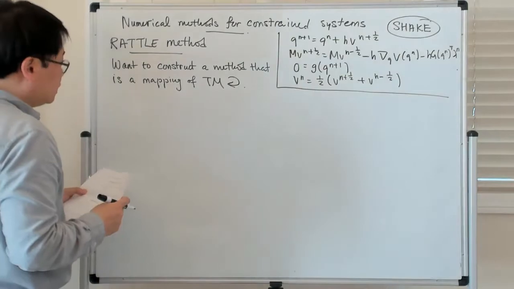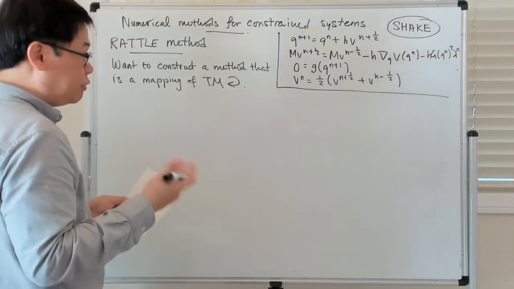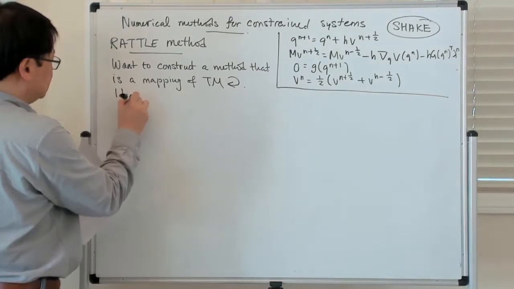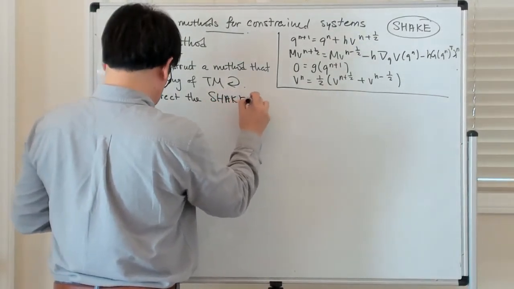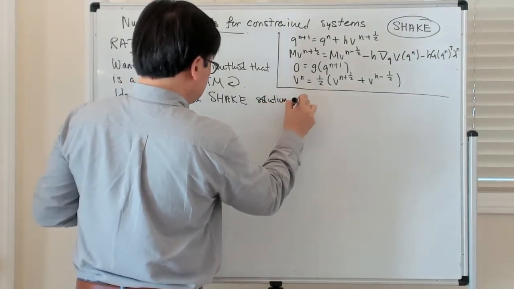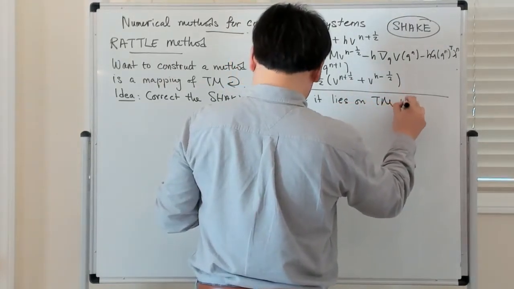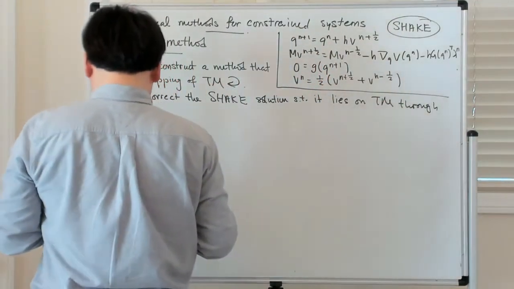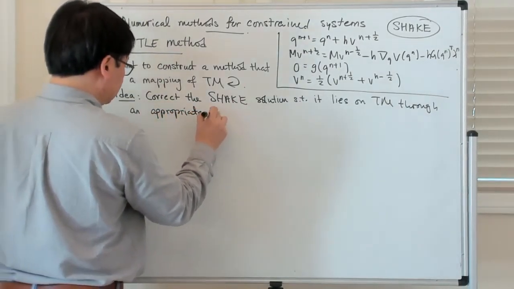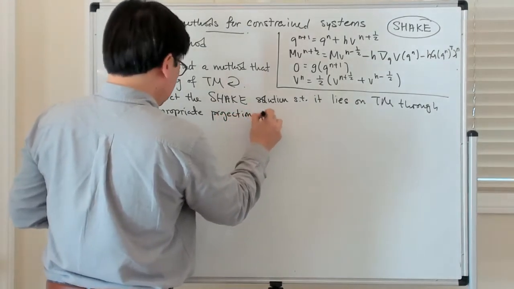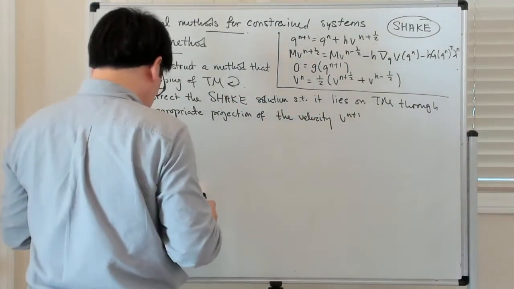Okay, and so again, the idea is that you correct the SHAKE solution so that it lies on this tangent space, on TM, through an appropriate projection of the velocity v_{n+1} onto the tangency constraint.